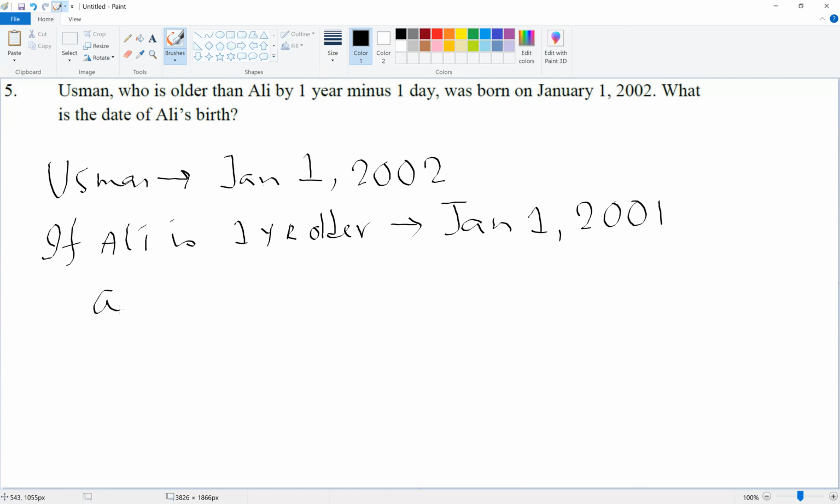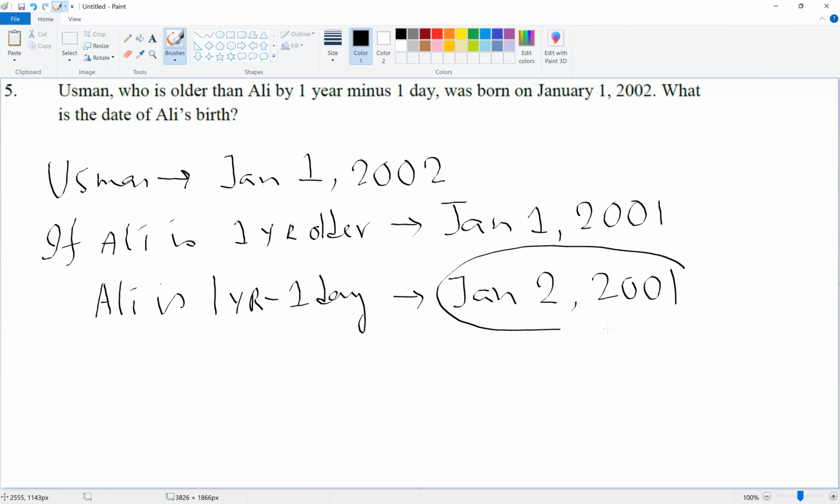And Ali, now it says 1 year minus 1 day older. So this would be January 2nd, 2001. Usman older. Yeah. Usman. Oh, Usman is older. Yeah, I'm making a mistake. Usman is older, so this would be 3. I made 2 mistakes.